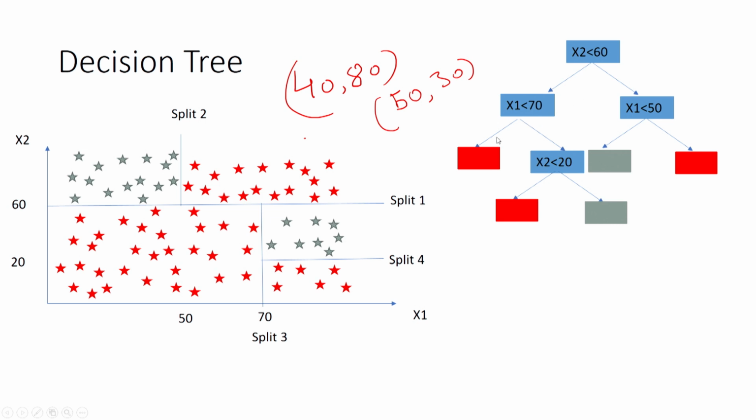Here we have only two features, only two independent variables, but suppose we have a large number of independent variables, then how will we find which particular attribute to choose at a particular step?